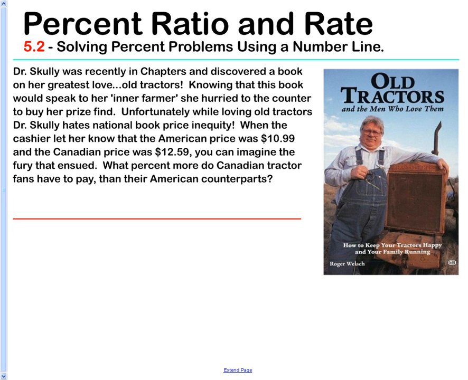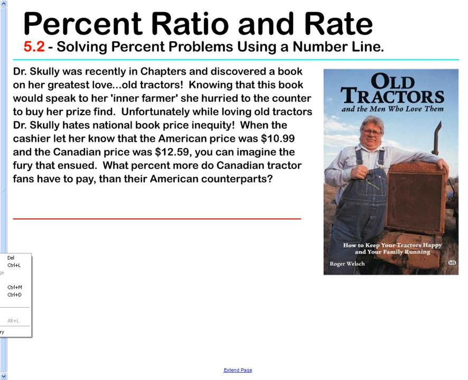Let's do one more. This is a great one for trying to identify pertinent information, because you can quickly become distracted by Dr. Scully's strange obsession with old tractors and the men who love them. So if we read through this word problem: Dr. Scully was recently in Chapters and discovered a book on her greatest love, old tractors.